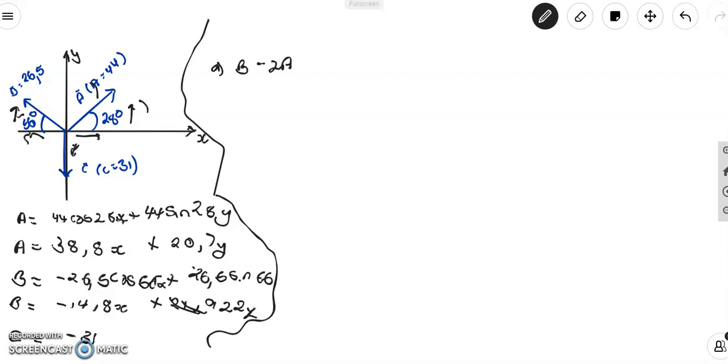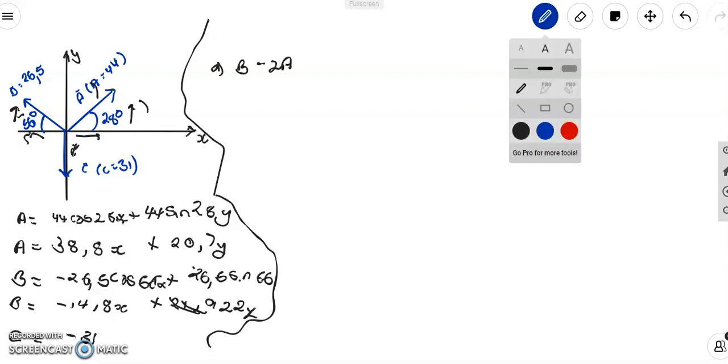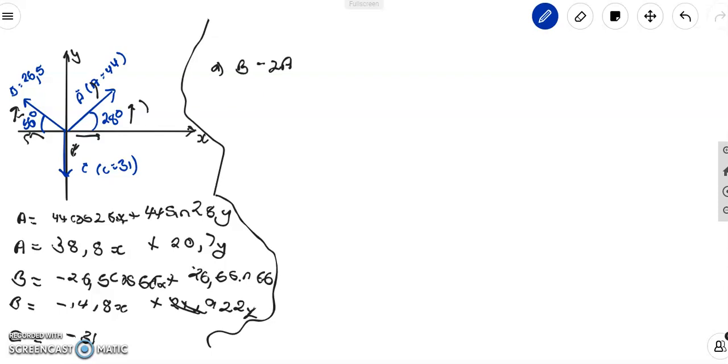Let me change it to blue. B minus 2A. So where there's B, I'm going to put my B there. My B is minus 14.8x plus 22y.